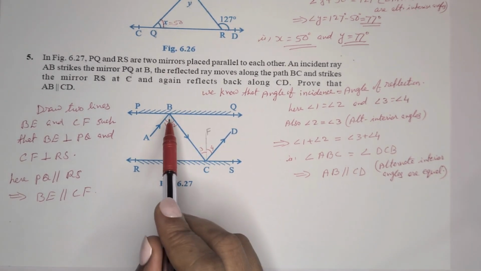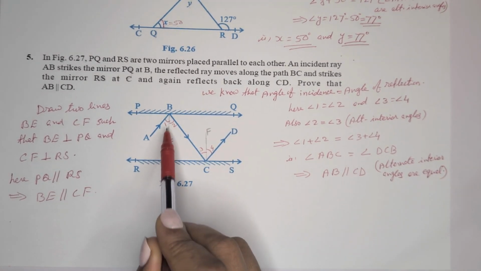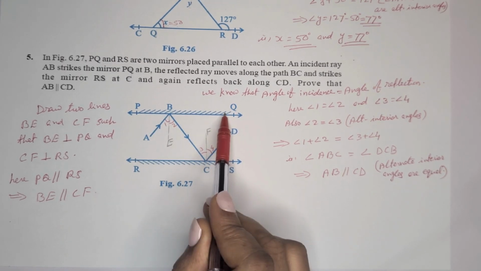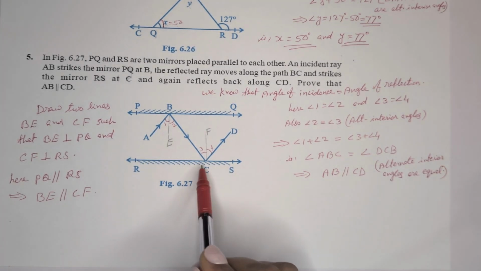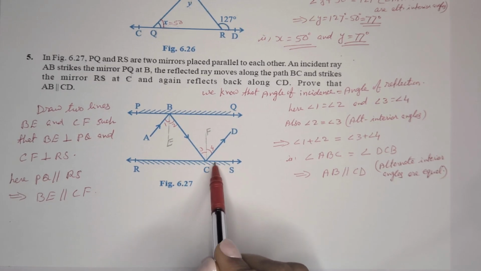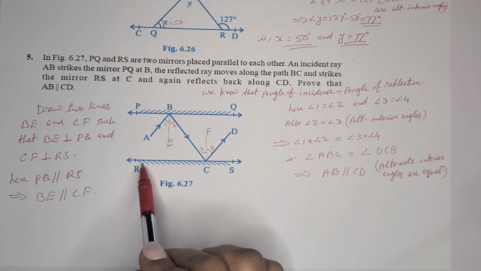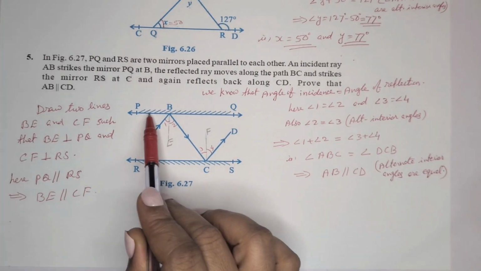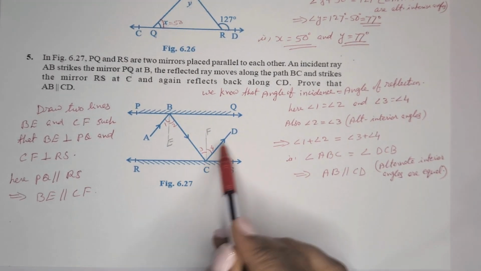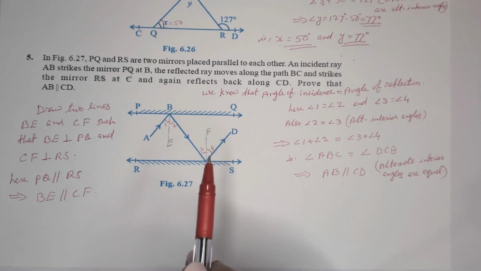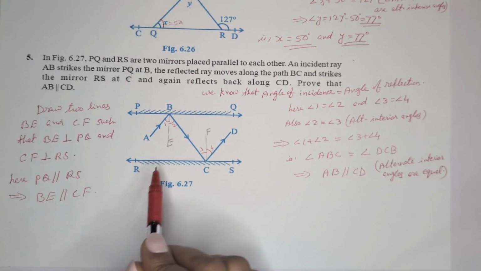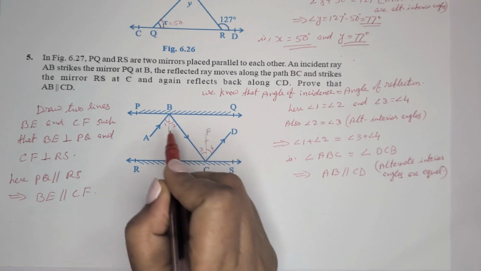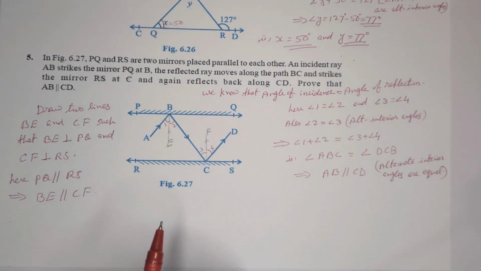For that, we are constructing two lines such that BE is perpendicular to PQ and CF is perpendicular to RS. Now PQ and RS are parallel. If these two lines are parallel, then their perpendiculars also will be parallel, which means PQ and RS are parallel and their perpendiculars, these two, are parallel lines.